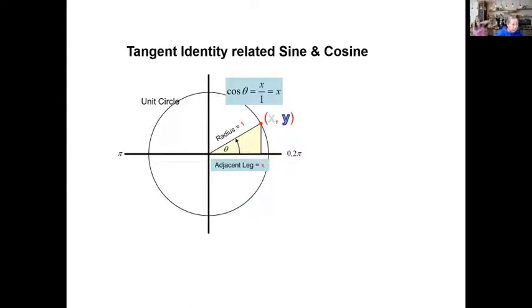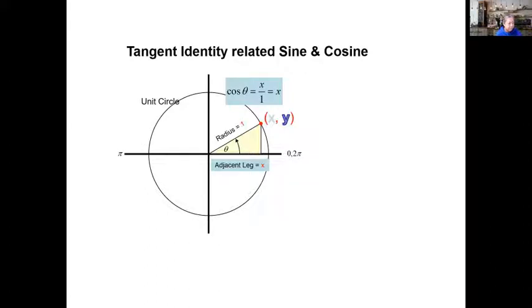Then the denominator is 1, and we can verify the cosine exact value of the angle theta is also the adjacent side length, and that's also making the horizontal coordinate x. So they are all related.